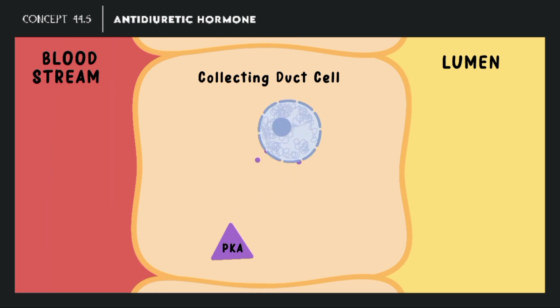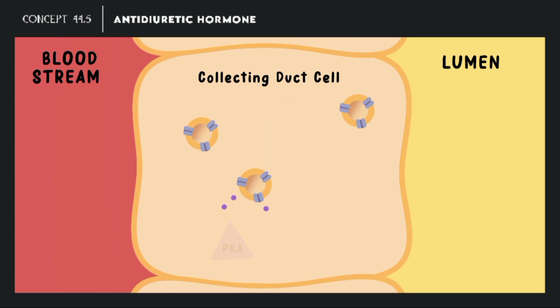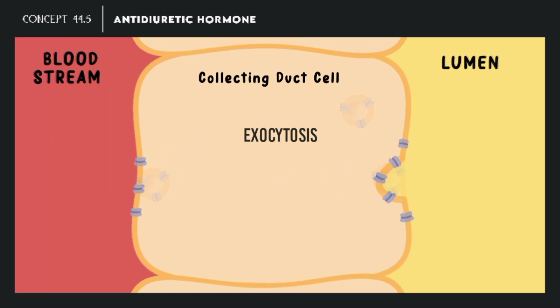PKA stimulates genes in the nucleus and makes specific proteins that eventually emerge in vesicles. These proteins are then called aquaporin 2. PKA phosphorylates these vesicles containing aquaporin 2 and modulates exocytosis, which is a process that fuses the aquaporin 2 containing vesicles to the membrane.